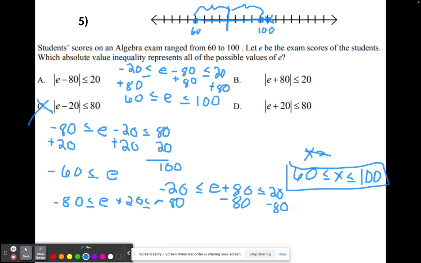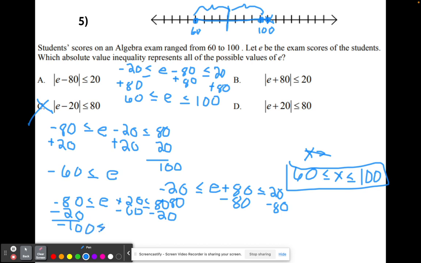So again, I'm going to have issues. I'm going to end up with a positive 60 this time on the left, but I'm still going to have a negative 100. This is very messy, I know. But as soon as I start seeing those negative numbers, like negative 100, that is not in my range of scores. So they won't work.